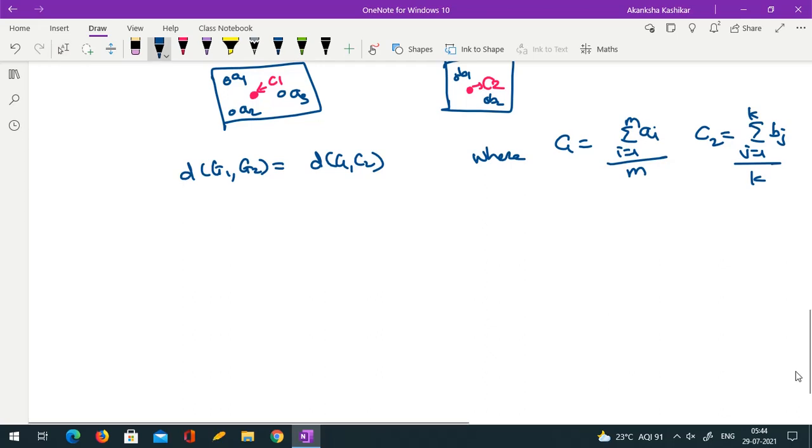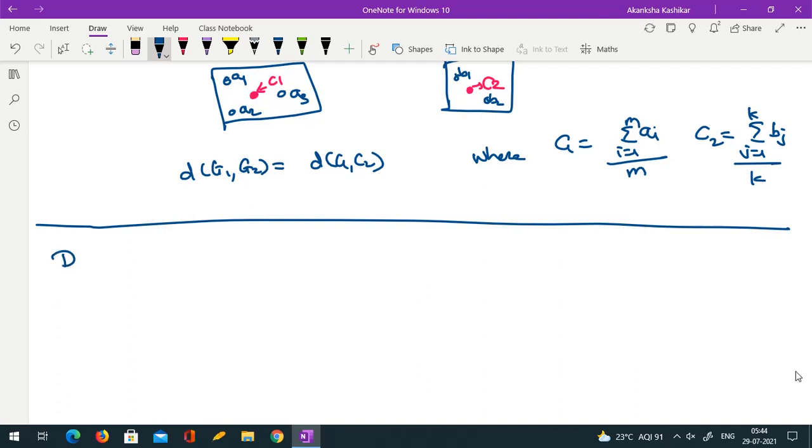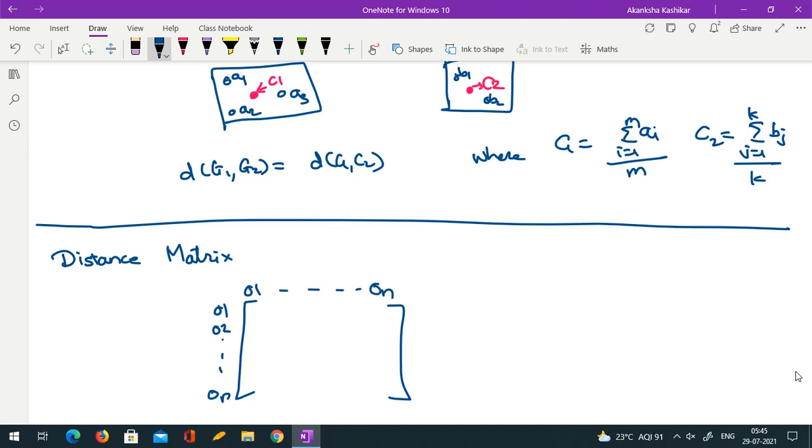One more important concept we need to know when we are dealing with cluster analysis is distance matrix. So what is a distance matrix? So you have object 1, object 2, object n. Suppose you have n observations, then you create an n cross n matrix which would serve as a distance matrix.